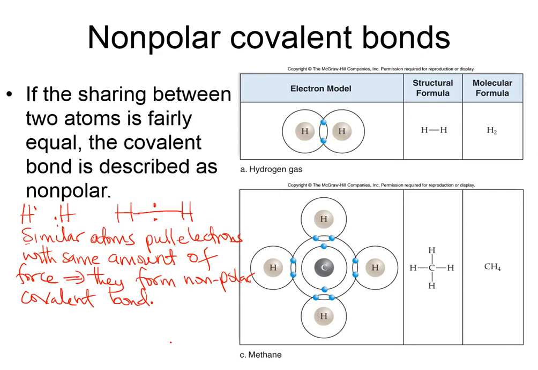A non-polar covalent bond means the electrons are in between the two, exactly in the middle between the two bonding atoms. If we calculate the distance from here to here and from here to here, the distance will be the same. That's what it means.